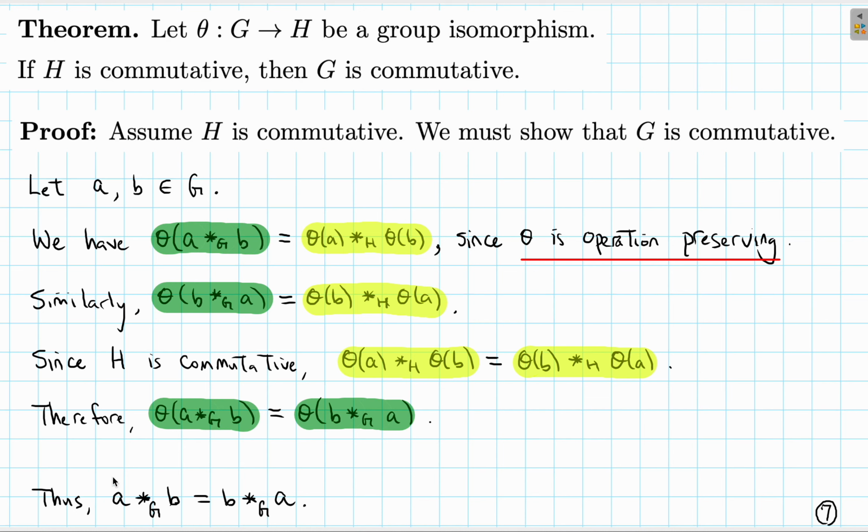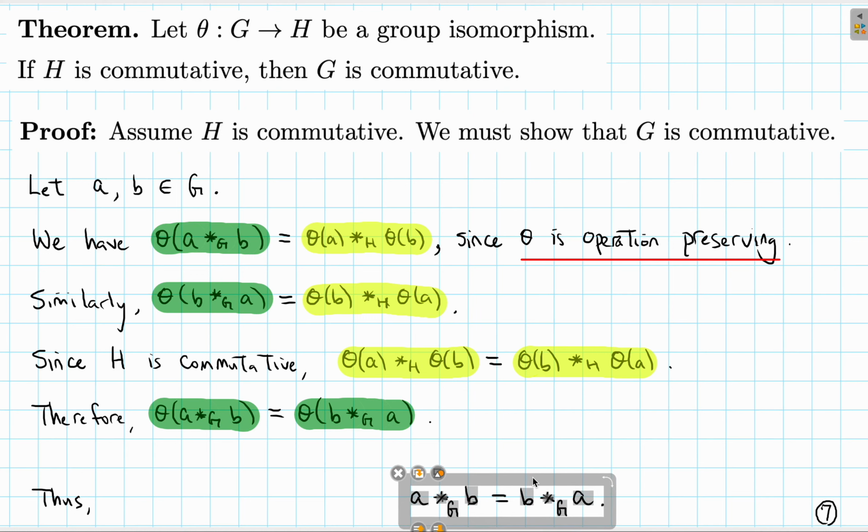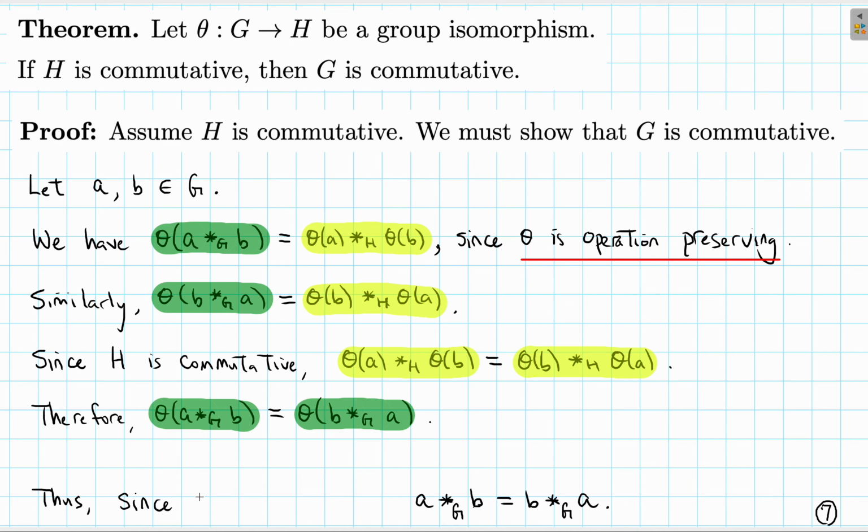Well, we once again use the fact that theta is an isomorphism, but more specifically, we say thus, since theta is 1 to 1, that's what allows us to say that if these two outputs are equal, then the inputs had to have been equal.